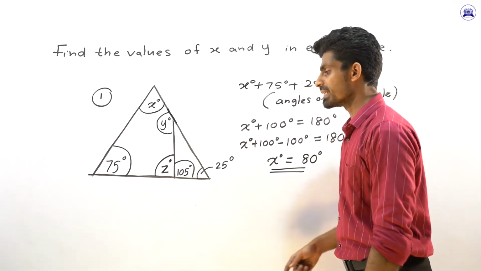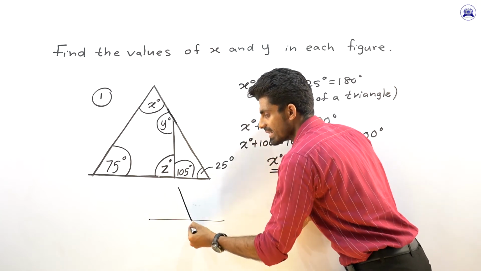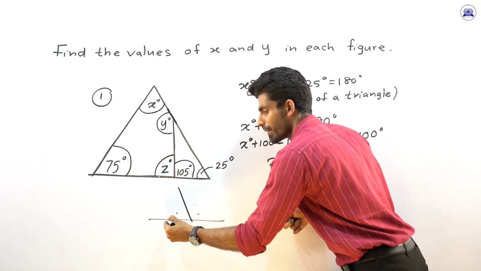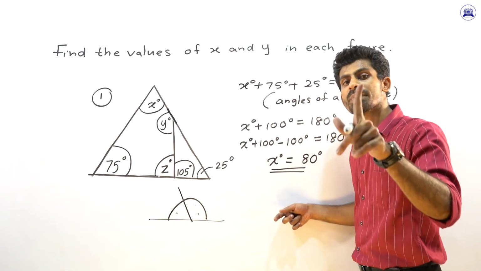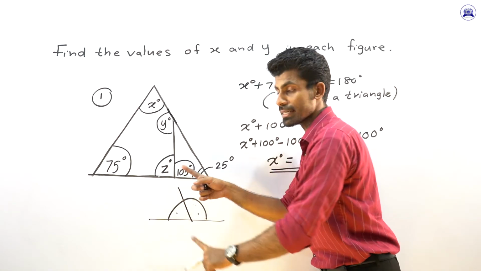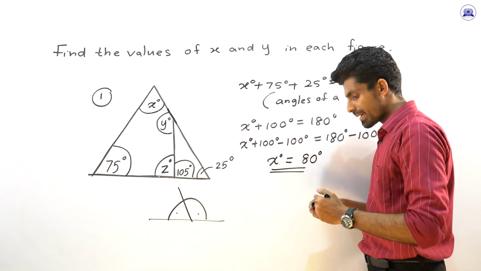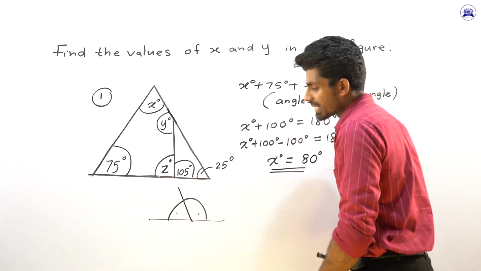We know a theorem: z plus 105. Look at this one. This is z and 105. Angles on a straight line add up to 180. So the sum of these two angles should equal 180.